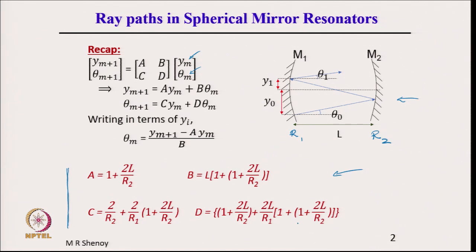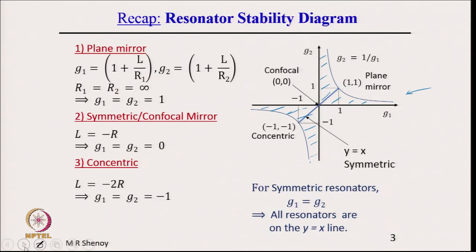And D: this term is 0 because R1 is infinity, the second term is also 0 here, therefore D = 1. So, we have C = 0, D = 1, B = 2L and A = 1. Let us see what we have got.